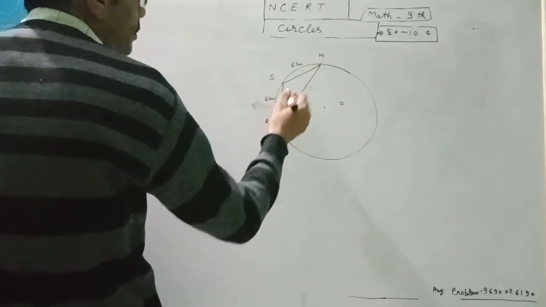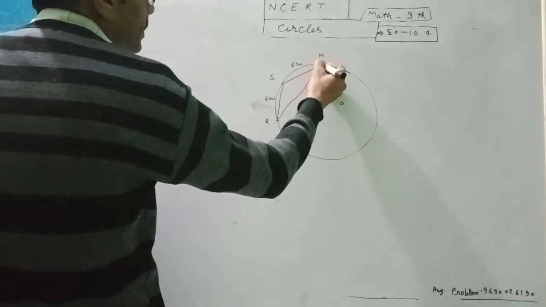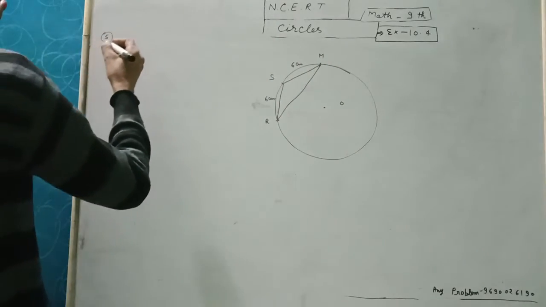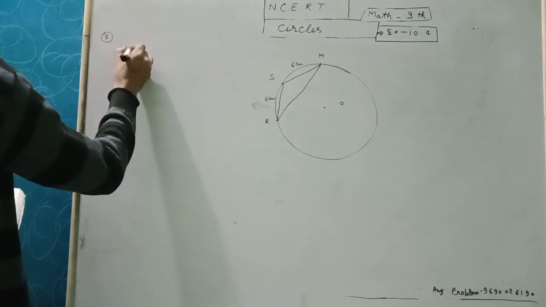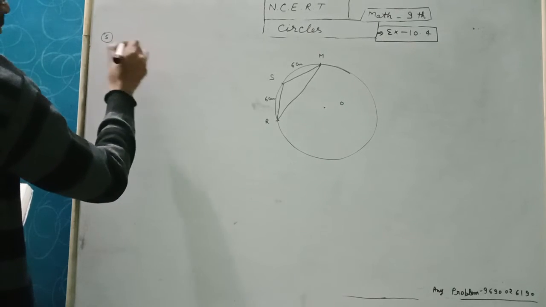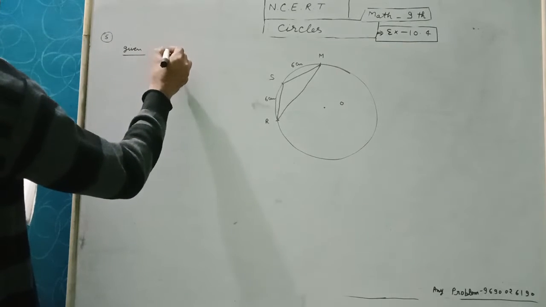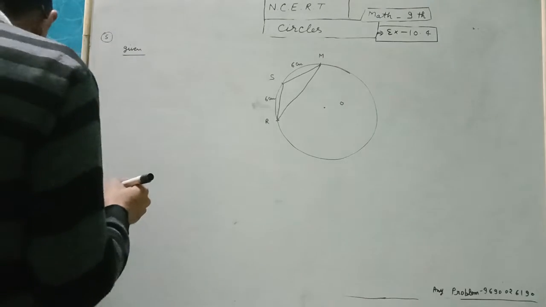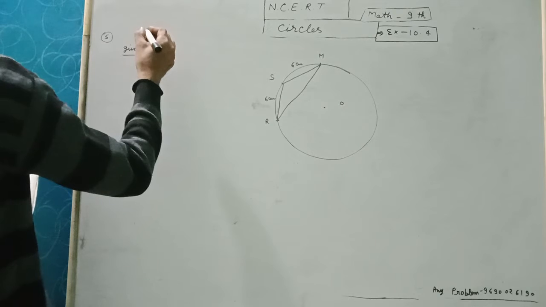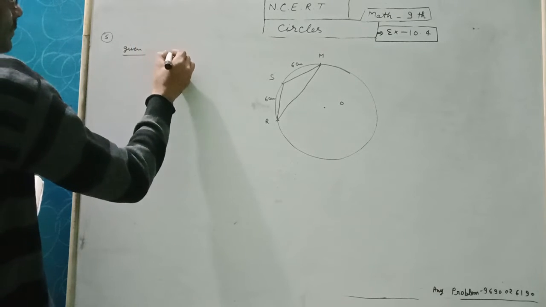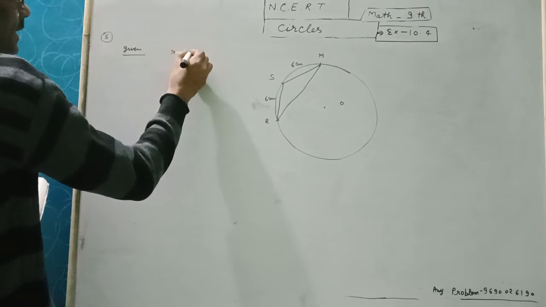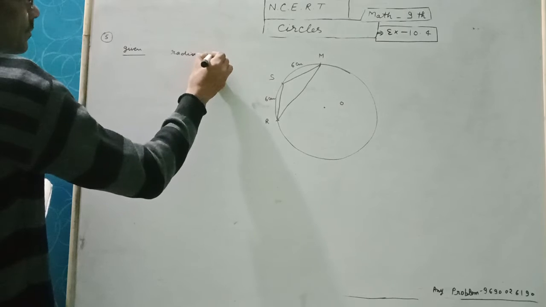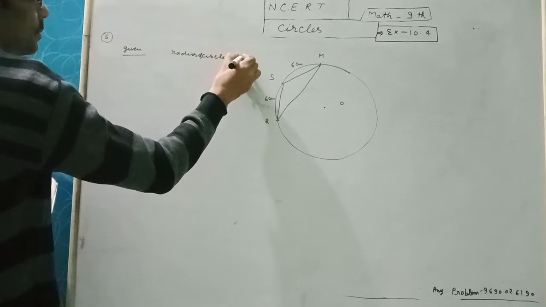That is the chord, MR is the chord. Given, the radius of the circle is equal to 5 cm.